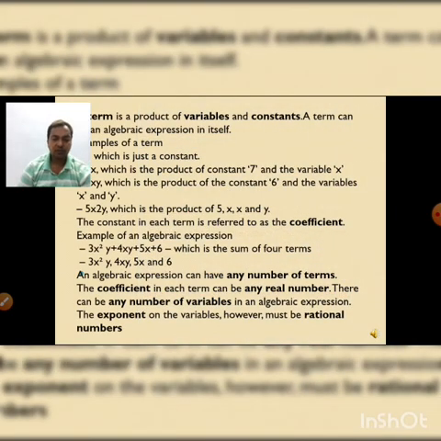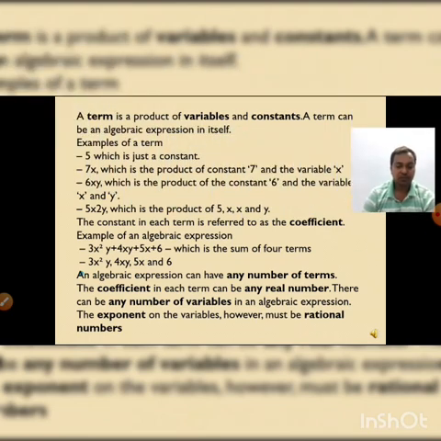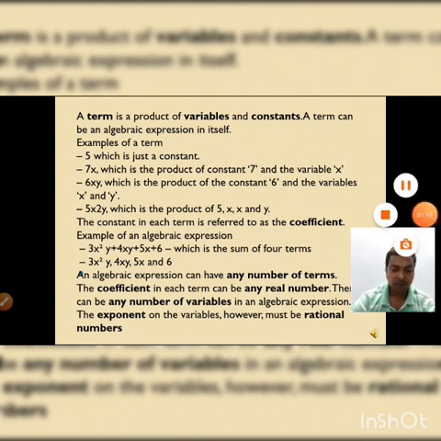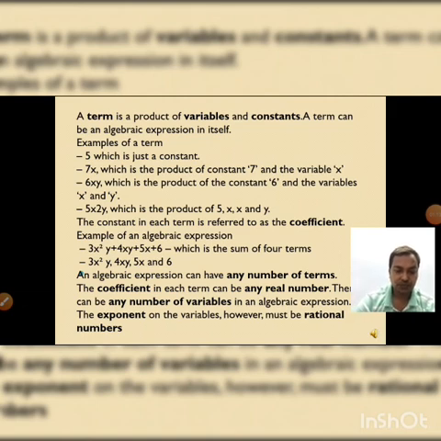Some basic terminology needs to be defined before discussing the details. Terms. What is a term? A term is a product of variables and constants. A term can be an algebraic expression in itself. Examples of terms: 5, which is just a constant.